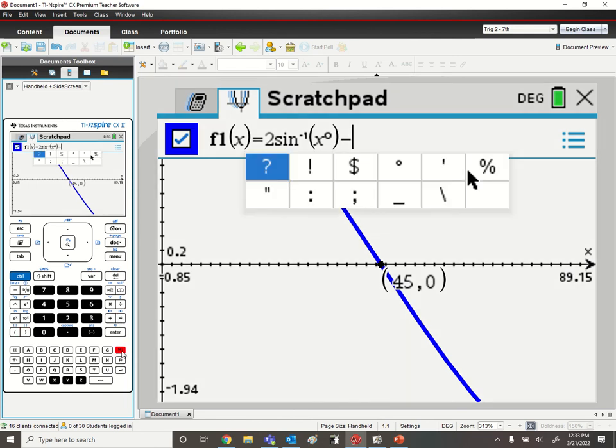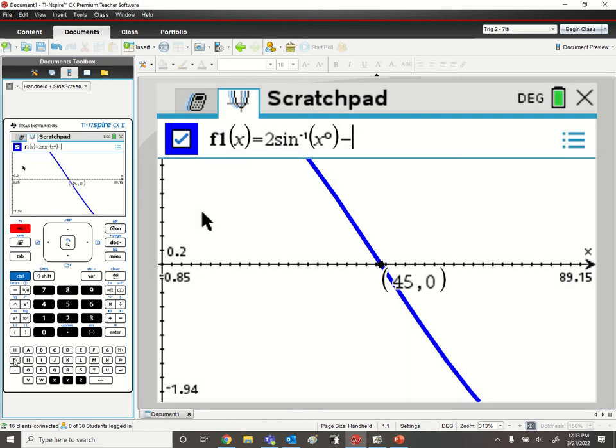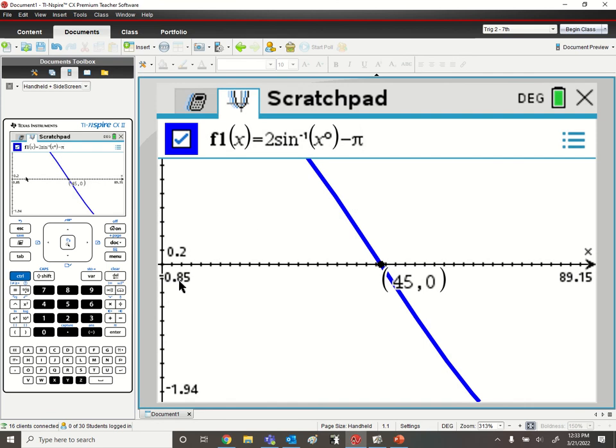Ooh, wrong pi. Can't get to the pi button. There you go. Okay, so pi right there.